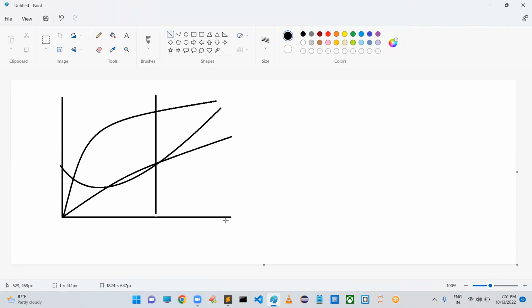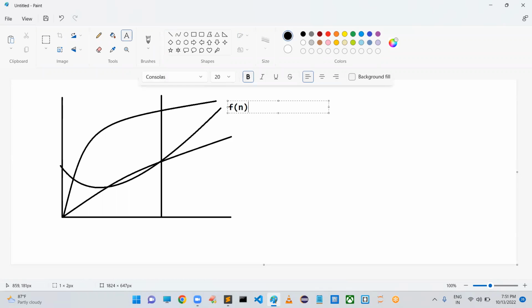Are you seeing from here? I can say this one is f of n. This one is constant 2 into g of n, and this one is constant 1 into g of n. So f of n lies between these.